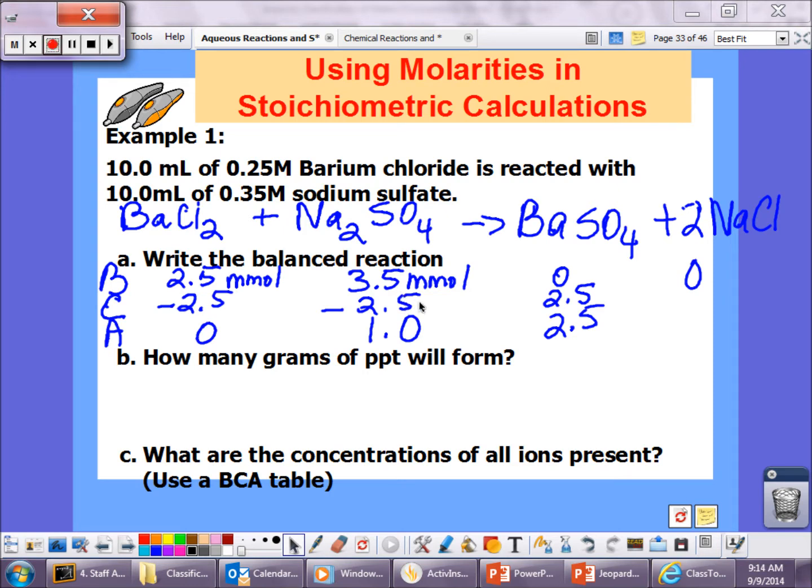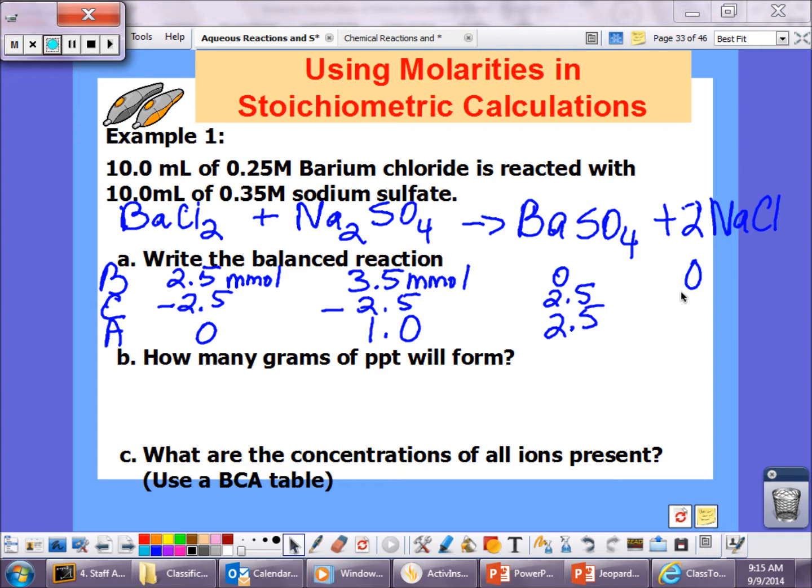We said the BCA means before, change, and after. We did not start with any barium sulfate, did not start with any sodium chloride. So whenever you start with two different amounts, remember one of them will always be a limiting reactant, and you should always use the limiting reactant to find the amount of product.